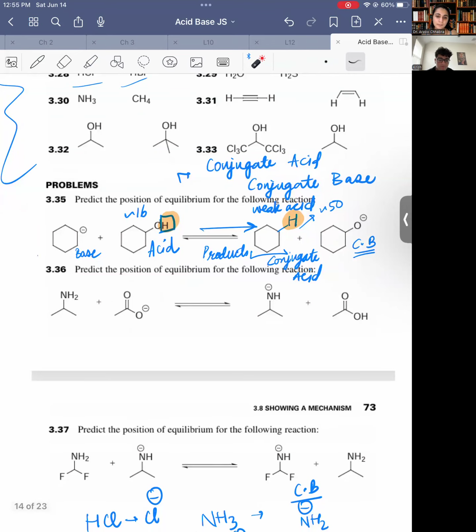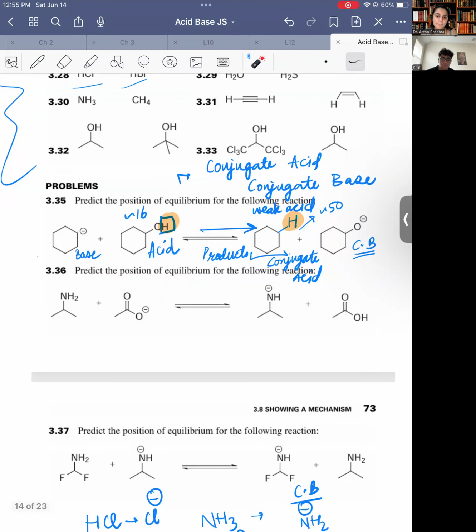Wait, but why can't you just compare which base is more stable? In Orgo, they use that as a tool. You can, of course, you can.